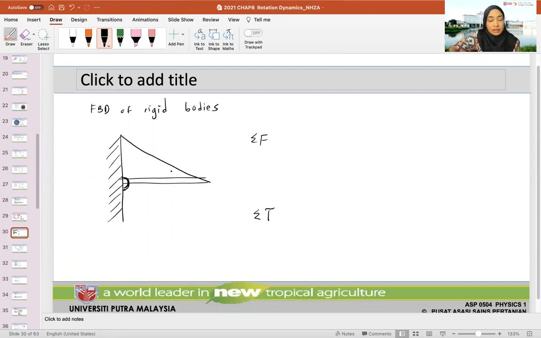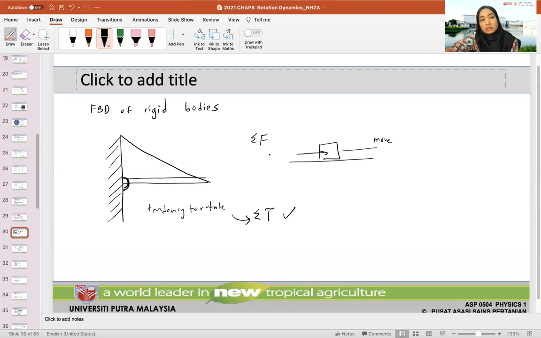But when we have an object that has the tendency to rotate, then we would have this torque as well. As long as it has the tendency to rotate, you know that if you mess up a little bit, it will rotate. Or if the string snaps, it will rotate. So it has that tendency to rotate. Even though it's not rotating, you still need this. For linear cases where the object can only move translationally, meaning you have a box on the ground and you push it, it's not going to rotate, it's just going to move in the x-axis.